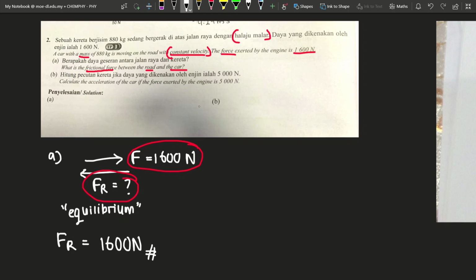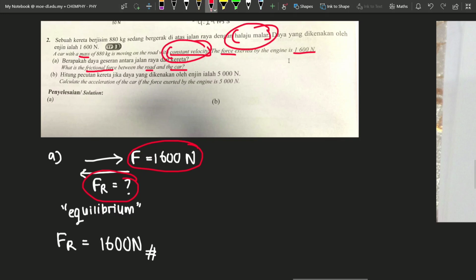Why? Because it is in equilibrium state, constant velocity is actually halaju malar. So you know your daya tujah yang disebabkan oleh engine sama dengan daya geseran. That's why it is moving in halaju malar. That's why it is in equilibrium state.